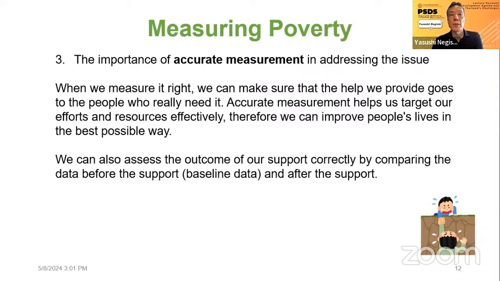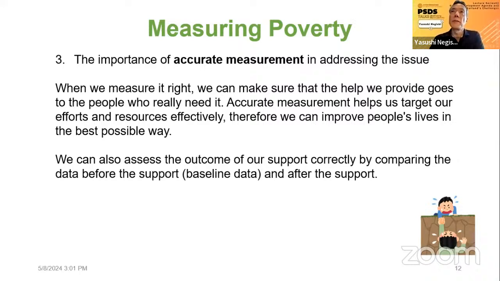As for the measurement, there is an importance of accurate measurement in addressing the issue. When we measure it correctly, we can make sure that the help we provide goes to the right persons. Accurate measurement helps us target our efforts and resources effectively.